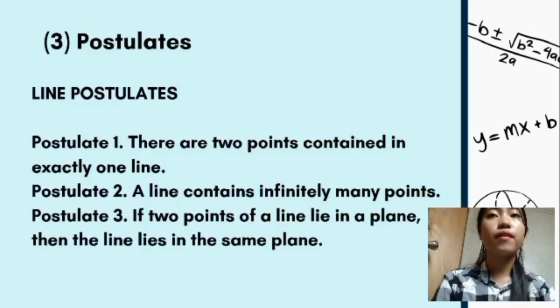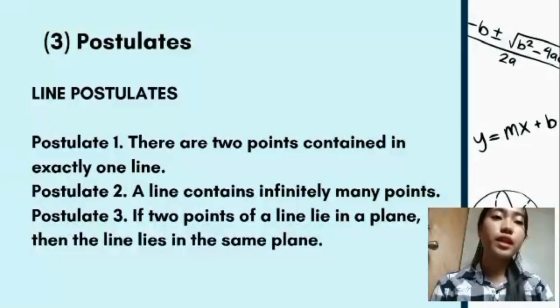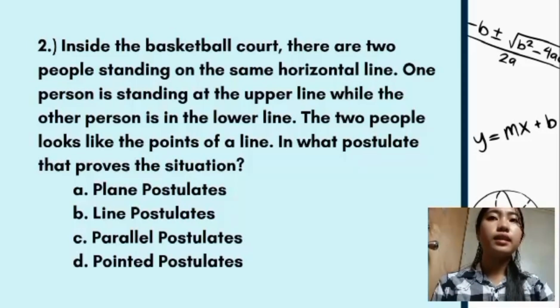Let's proceed to the third component of the mathematical system, which is the postulate. We have three kinds: line postulates, plane postulates, and parallel postulates. First, line postulates. Postulate 1: two points are contained in exactly one line. Let's go back to the situation in number 2. There were two people standing on the same horizontal line.